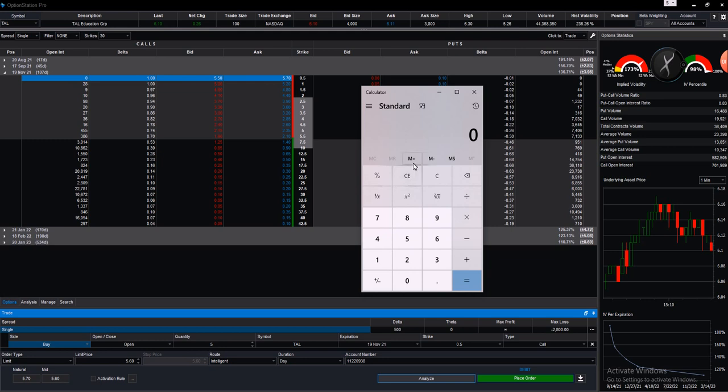Okay, so I'll do the math, and hopefully you're able to follow along. So 560 is the middle between the bid and the ask, times 100 shares that we purchased. Okay, now we have to times that by 2, because this is only $5 spread from where we bought, and there's no more data because there's nothing below 0, right? So we got to times that by 2. And that's going off of a $10 move, not 11 and 30 cents.